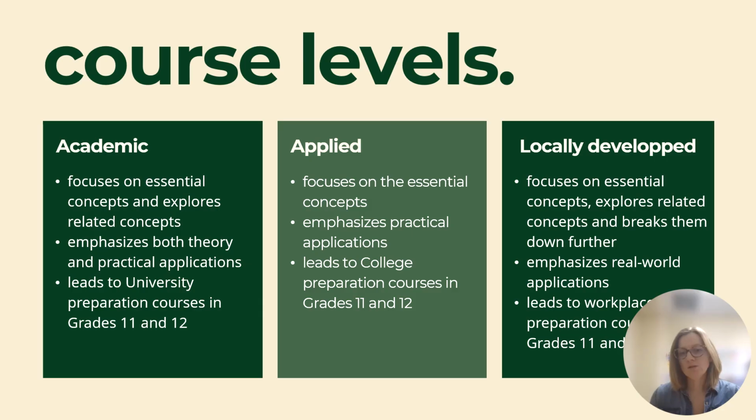Now, important thing to note is that students do not necessarily have to take the same level of courses in all subject areas. So, for example, if a student is thinking about going to university, but they have no desire at all to go to university for maths or sciences, they may be able to take an applied level science, possibly an applied level math, but they would want to take an academic level English.